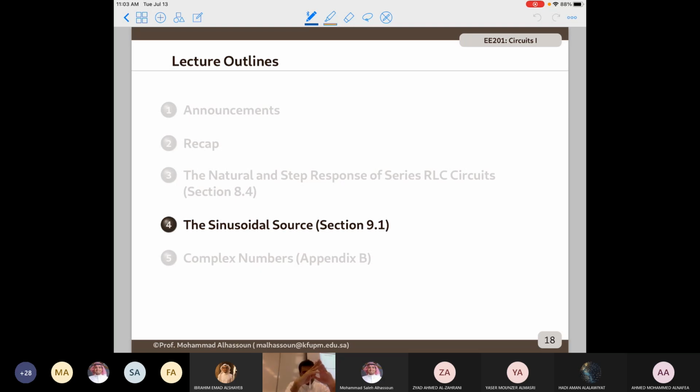But throughout the whole course, there's one common thing among all of these circuits that we have. What do you think? There is one thing common among all of these circuits that we've studied. Maybe trying to calculate the voltage and the current.